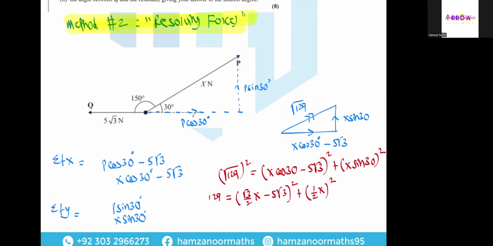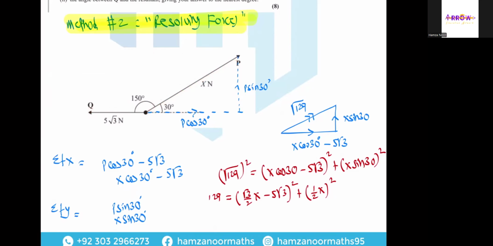How do you know that this is acting towards the right? I mean, how do you know that x cos 30 would have a higher magnitude as compared to 5 root 3 Newton? It's because, when P was placed from here to the head of Q, acting in the same path, P was over here, and the resultant force was acting like this.